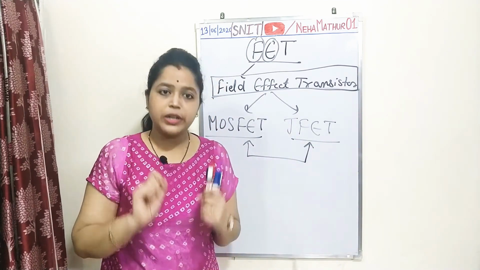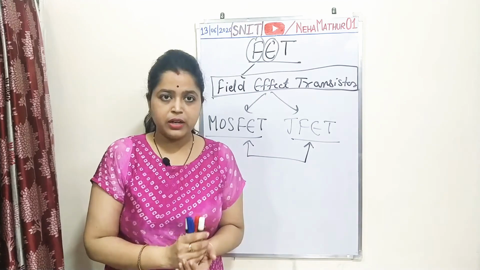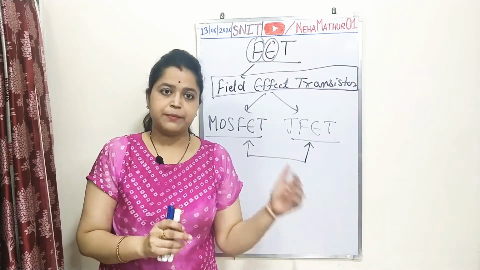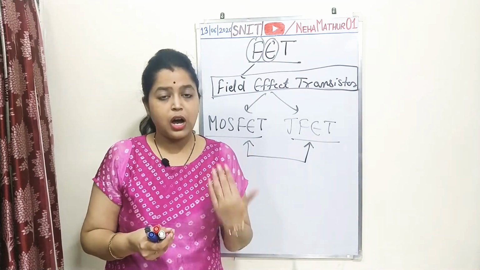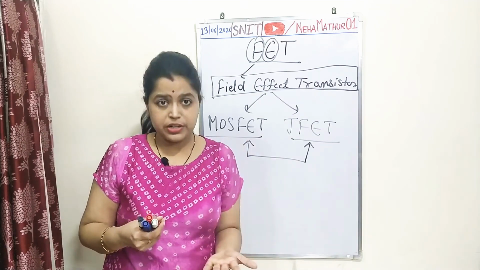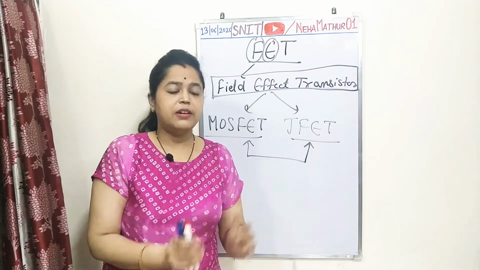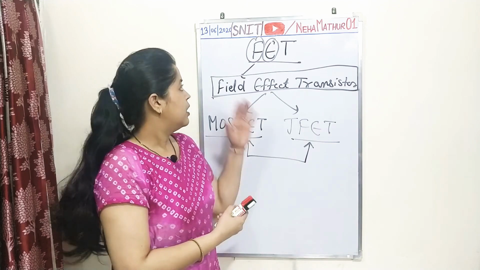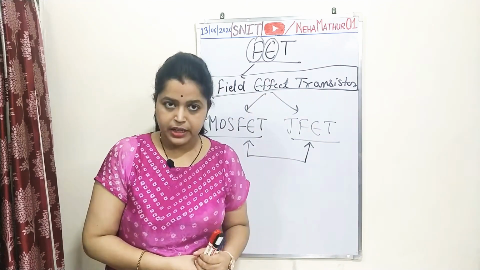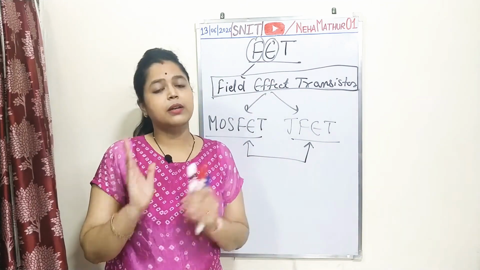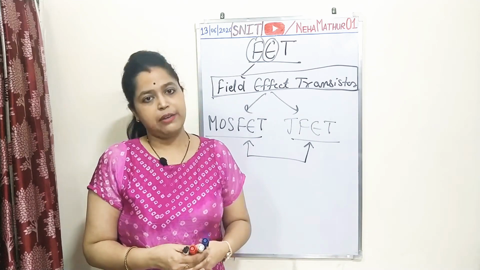Today I am going to tell you the difference between BJT and FET. What is the actual difference, or how can you compare, how can you differentiate BJT and FET. So, after the definition of the FET, the next is the perfect comparison between BJT and FET.